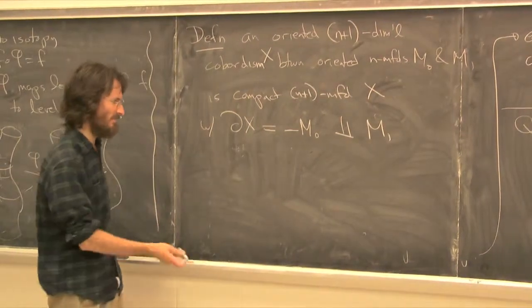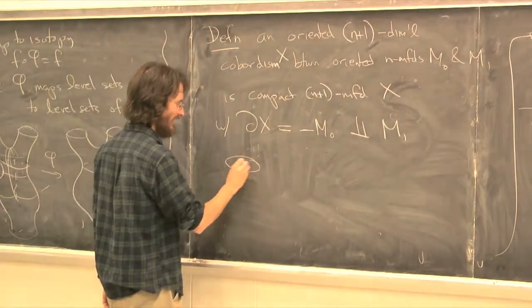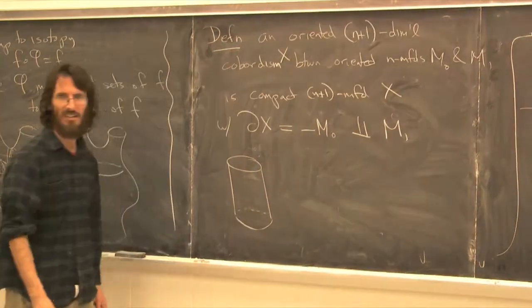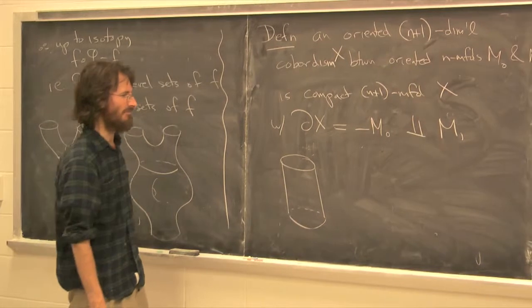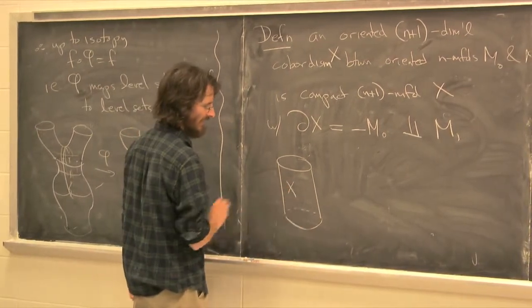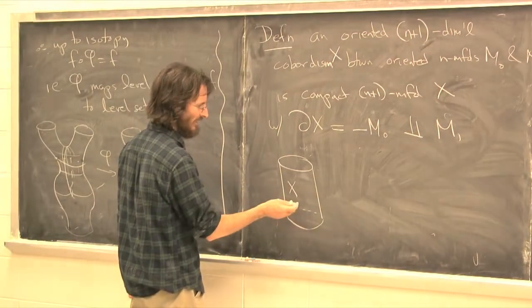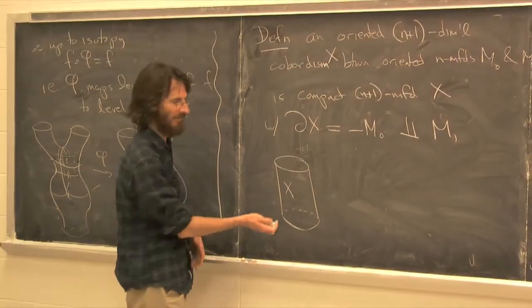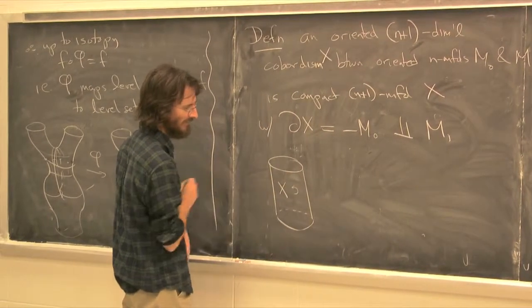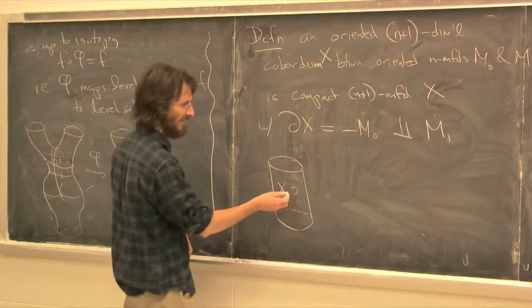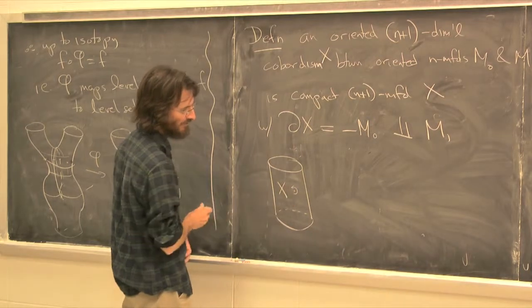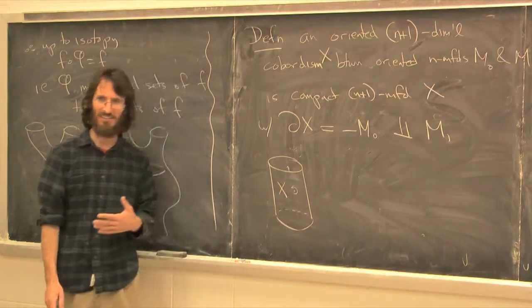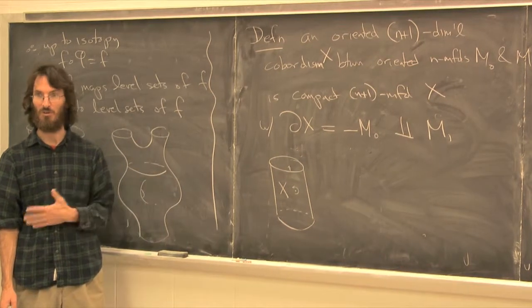So the reason for this convention is best exemplified by a cylinder, right? If this is X and we have oriented circles, let's say we orient surfaces by outward normal and right counterclockwise rule, and then that orients the boundary according to my mantra I learned for orienting boundaries, outward normal first.